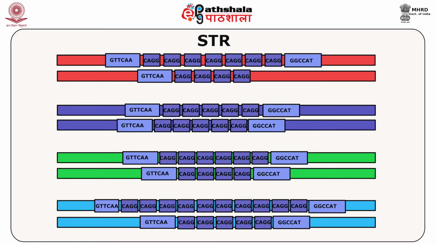This analysis helps in measuring the exact number of repeating units. STR help in discriminating between two DNA profiles. Variability in STR length is of great importance in forensics. In this diagram, here we see 1, 2, 3, 4, 5, 6 and 7 in the upper strand of this DNA.